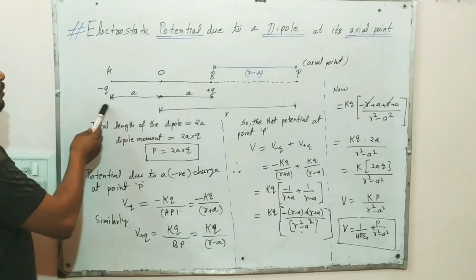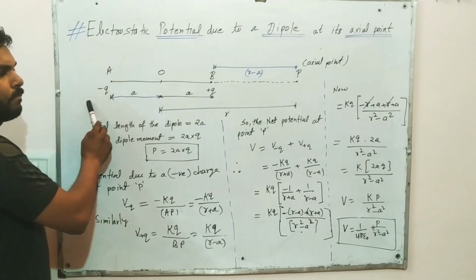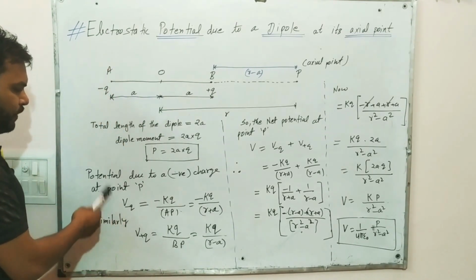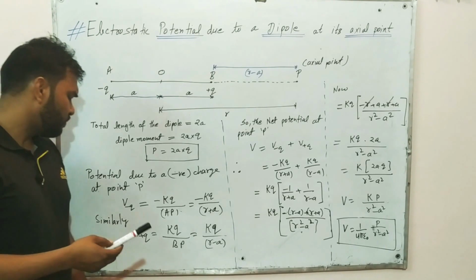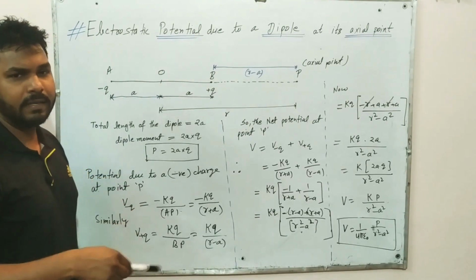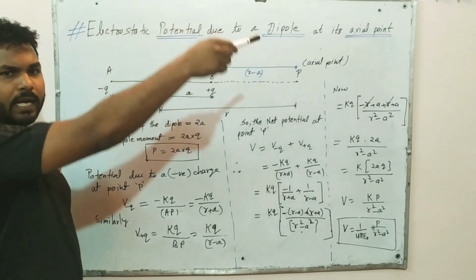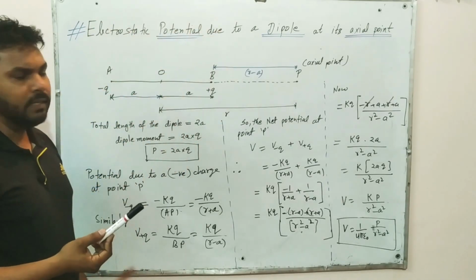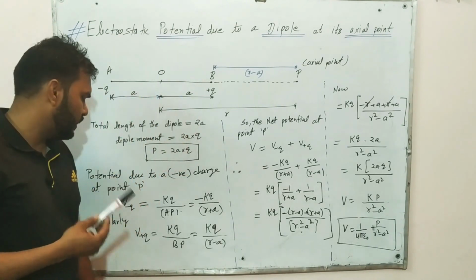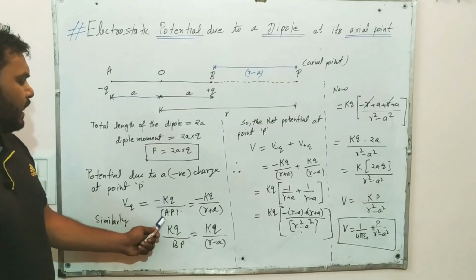Now the potential due to the negative charge at point P, the charge which is at point A. We know the formula of the potential, which is kq upon r, where r is the distance between the source charge and the point where we are calculating the potential. So V minus q is minus kq upon AP.